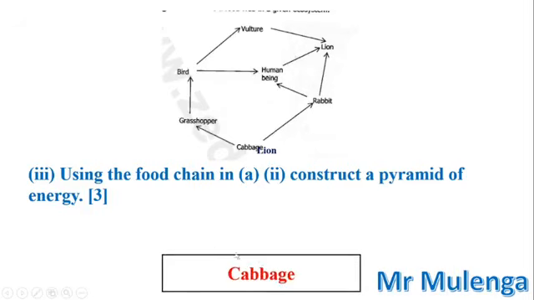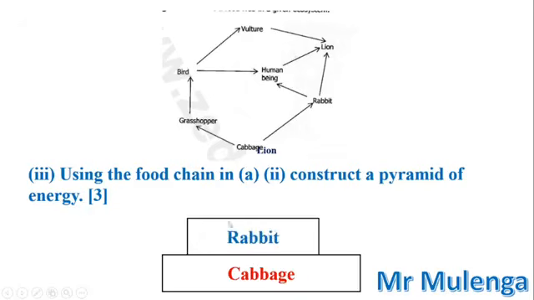So we are going to start with cabbage. You can use rectangular boxes. This one is going to be big because the energy here is very high. Then after cabbage, you are going to go to the primary consumer, which is a rabbit.